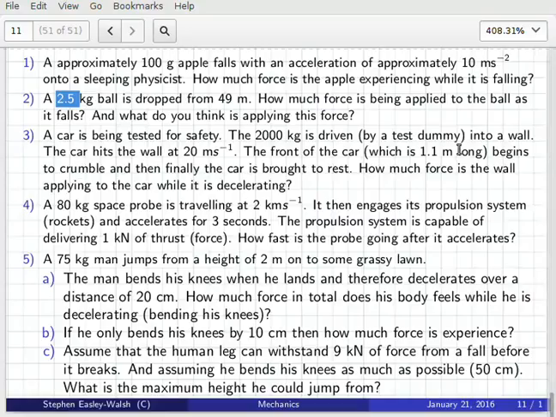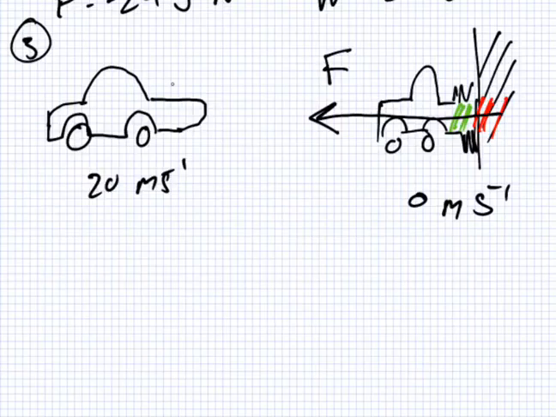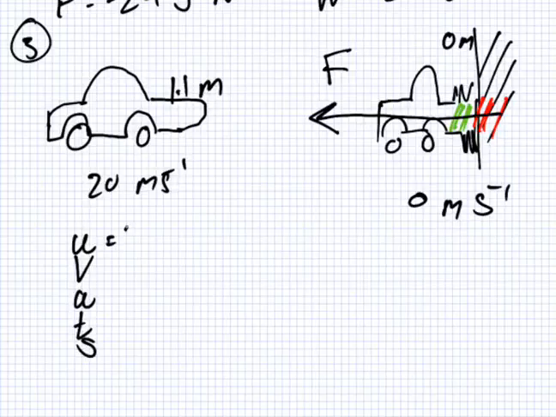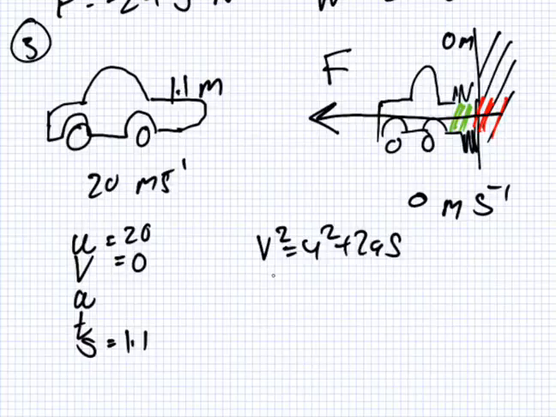And I tell you also that the front of the car is 1.1 meters long, and then afterwards there's no car front left. So you could do a UVATS here. U is 20, V is 0, S is 1.1, and we want the A. So V squared equals U squared plus 2AS.